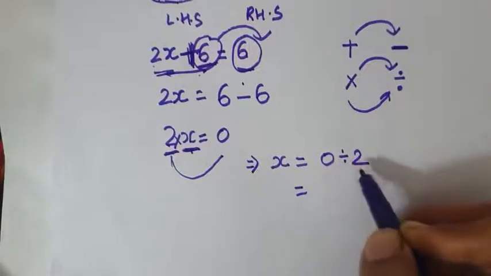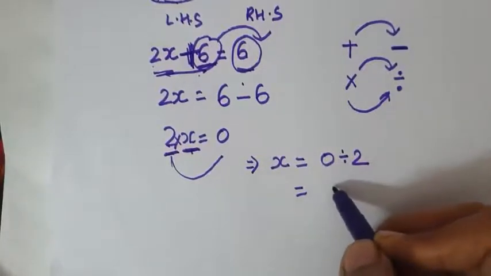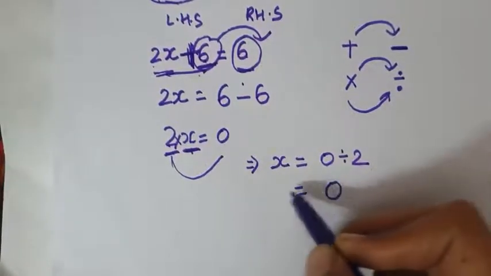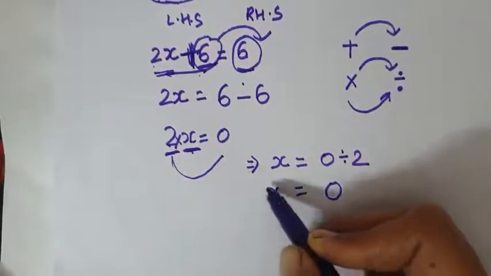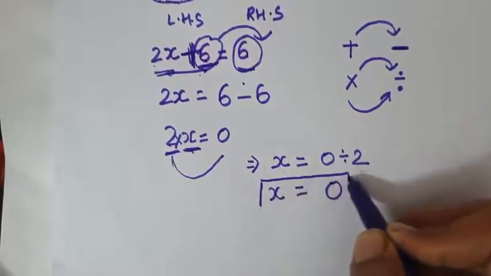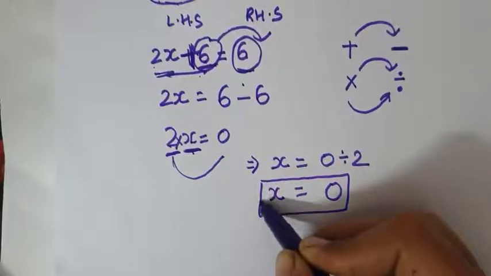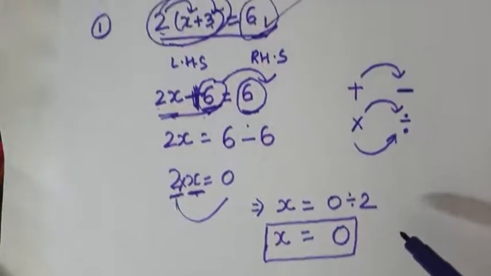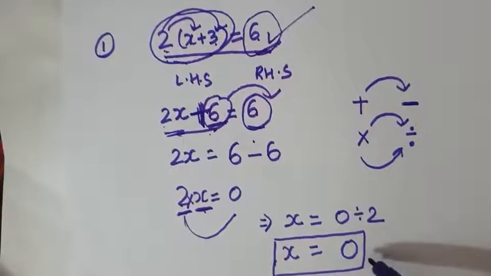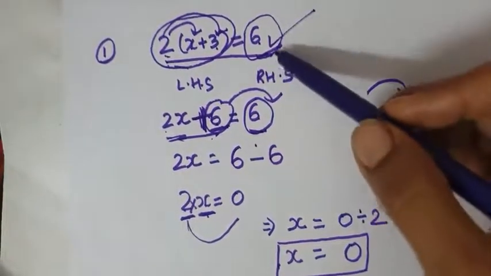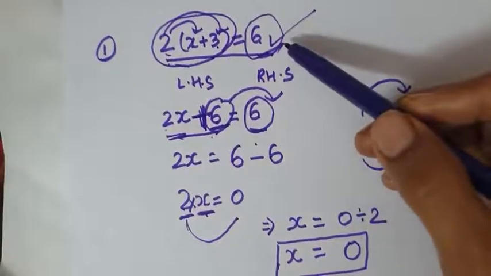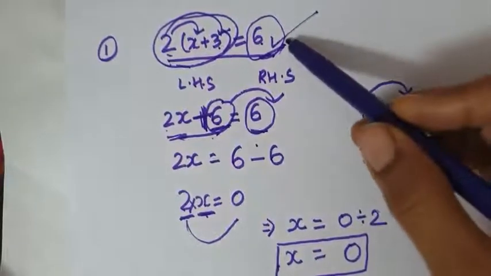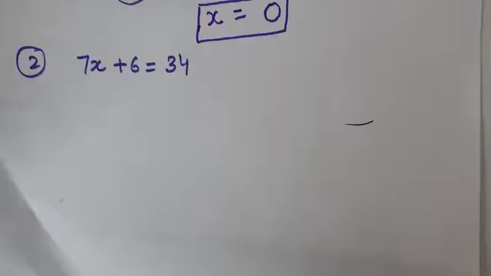So 0 divided by 2 will give you 0. So finally we get the value of x is 0. So we can say that x equals 0 is the solution or the root of this given equation.